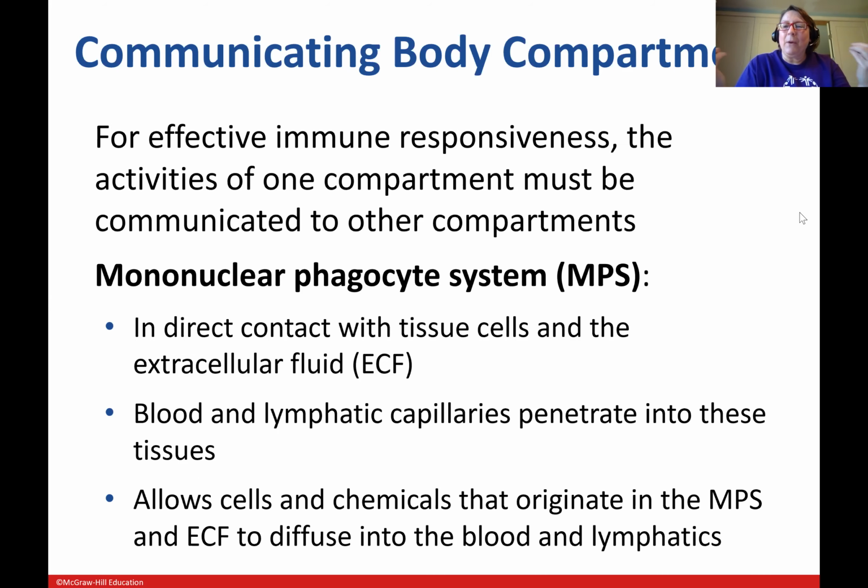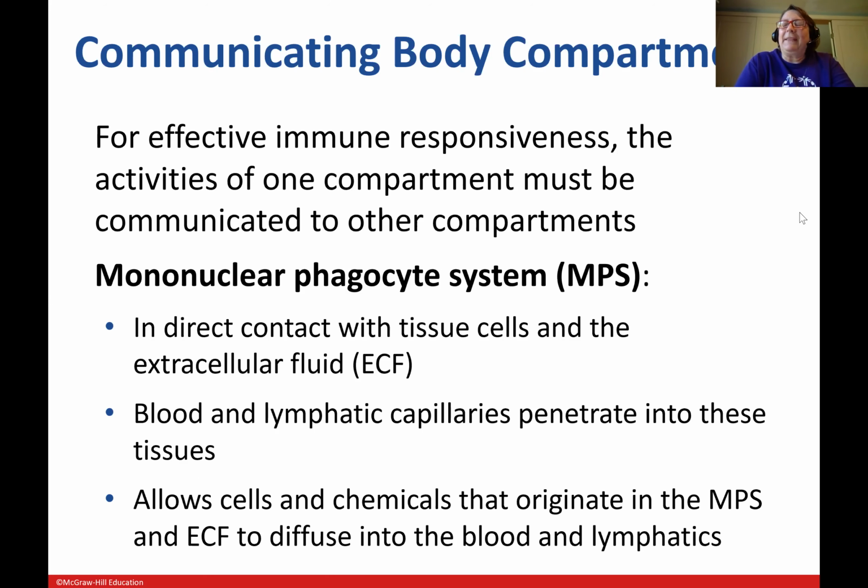So they are going to be able to detect that a bacterial infection has occurred, and then send signals through that extracellular fluid to cause more white blood cells to arrive. Sometimes it's going to do some of those other nonspecific things like cause inflammation, cause a fever, all of those sorts of things.